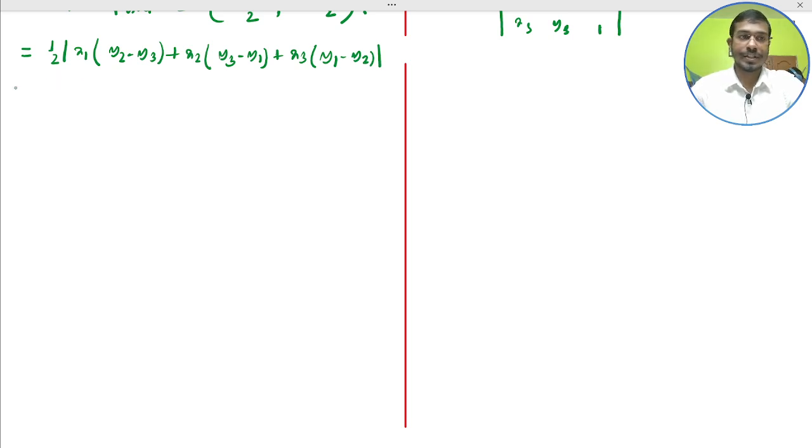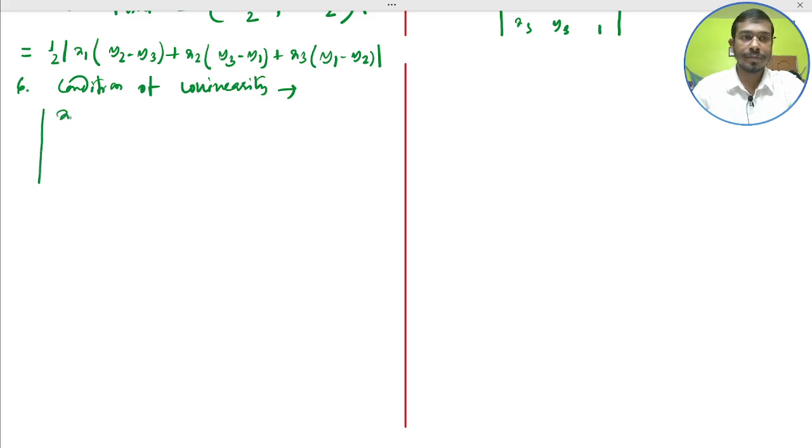Next, number 6, condition of collinearity. Basically, 3 points A, B, C are collinear if and only if this determinant value is 0.